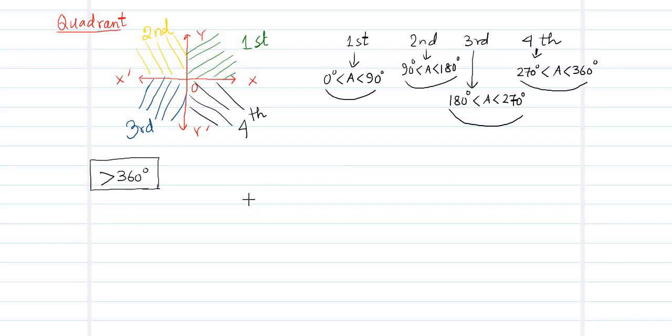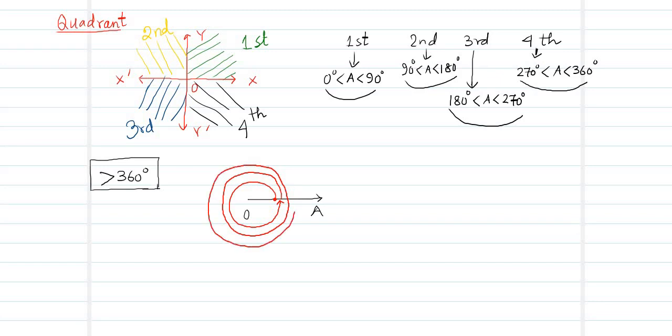For example, suppose this is the ray OA and it started revolving in anti-clockwise sense. Suppose if it moves like this, one complete rotation is done up to this. Now if it again starts rotating, then that particular angle is definitely more than 360 degree. Then 2 complete rotations, then 3 complete rotations.